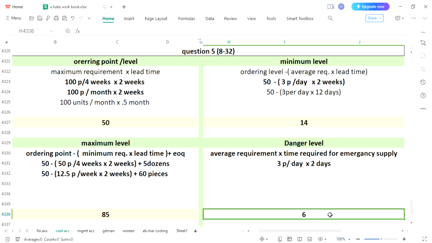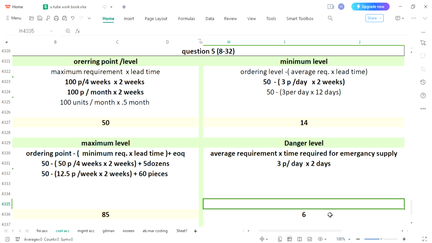Now it's up to you. You are very open to ask your question regarding this. This is the whole summary of your question in front of you. All answers are viewed and your question has been reviewed. Though the size of the question suggests that it's a very short question, there were discrepancies, there were mismatched inputs. And why have we taken this much time? Because for ordering level, minimum level and maximum level, we were forced to change our inputs because one input was not matched with another.